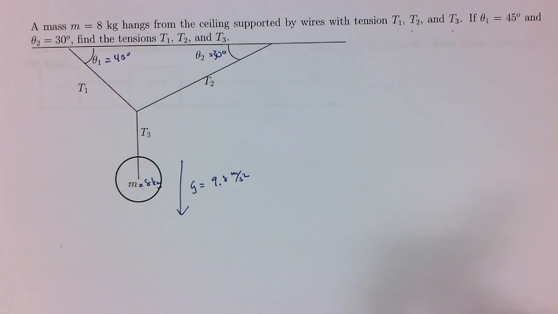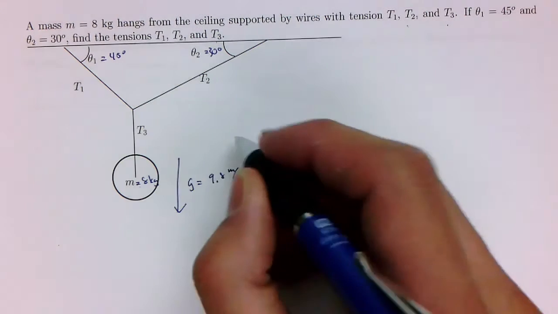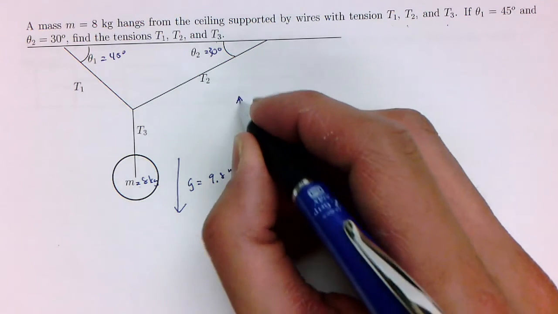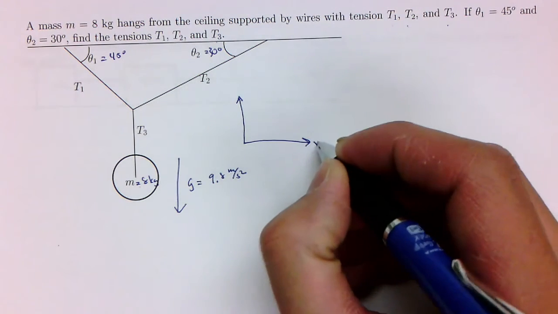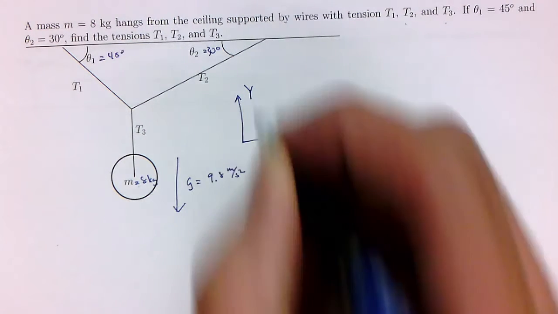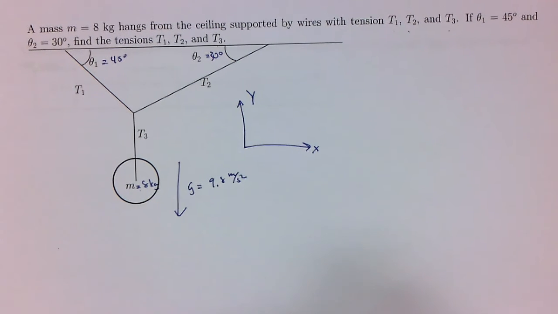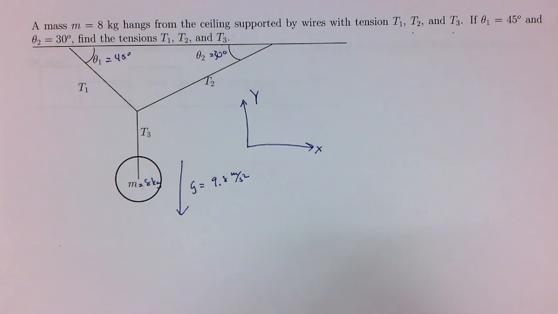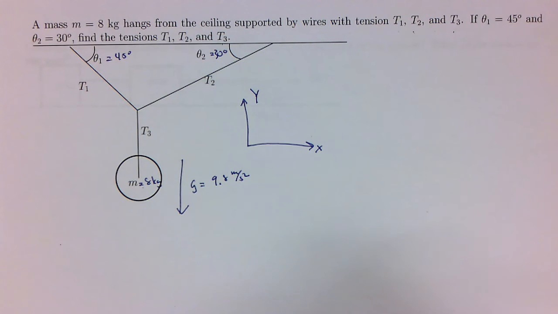So this is a balance of forces in 2 dimensions. Let's draw the x-axis first. So this is the x-axis, and let's draw the y-axis. The forces all have to be equal to each other in each and every single direction.